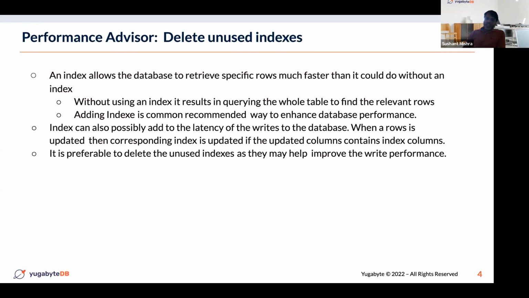So we incur an extra cost of network RPCs for that. So the impact on write latency will be higher in a distributed database than in a single node database. That's where it becomes even more important to delete the unused indexes for a distributed database like YugabyteDB. Got it. Because of the cross-node coordination, distributed transactions, etc., right? Yeah. Okay. Got it.